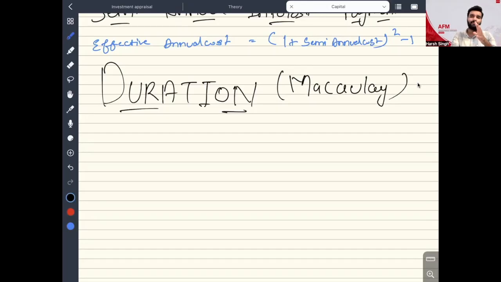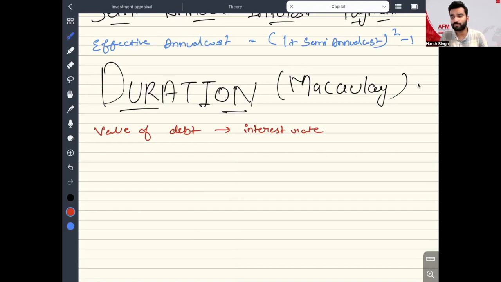Now, why are we talking about duration? See, guys, the value of my debt is actually dependent on the interest rate. How? Because if you remember, what is the value of debt?